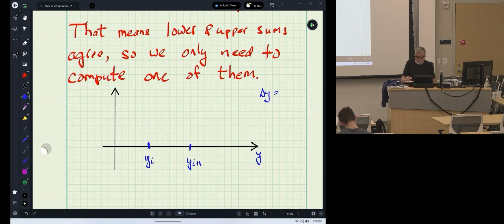So delta y will be b minus a over n, and that'll be x over n, because we're taking a equals 0, and then we have x. This is y to power k.